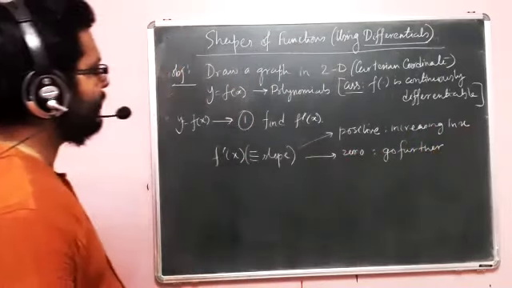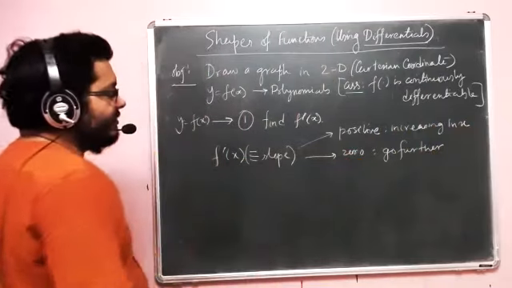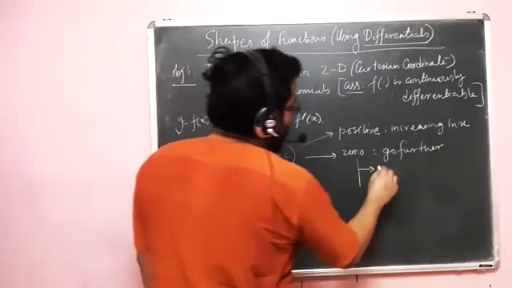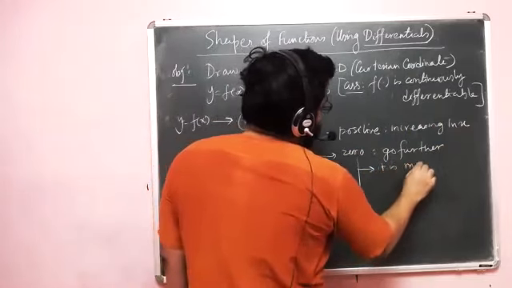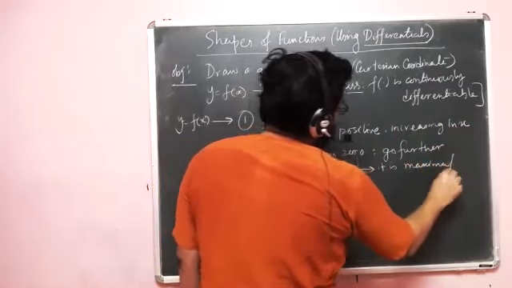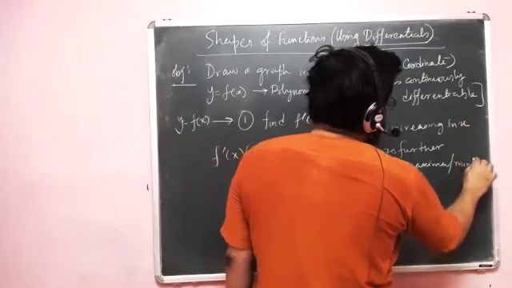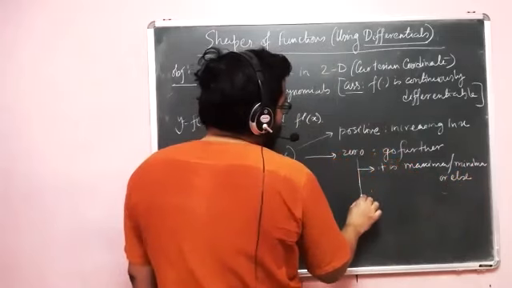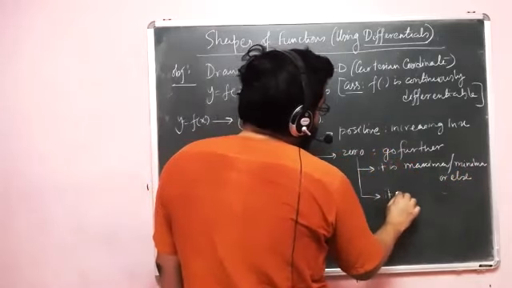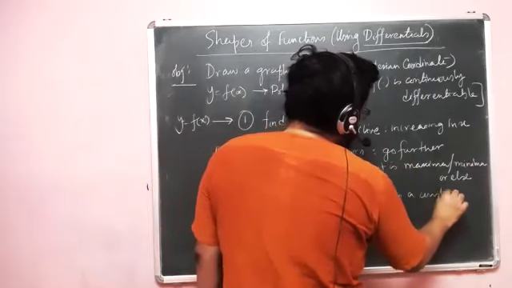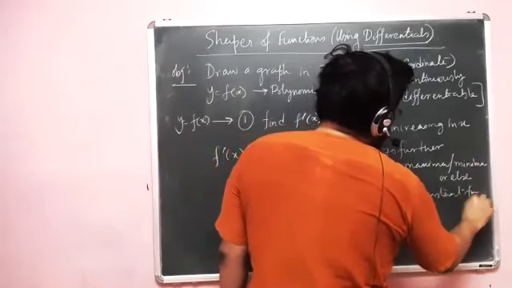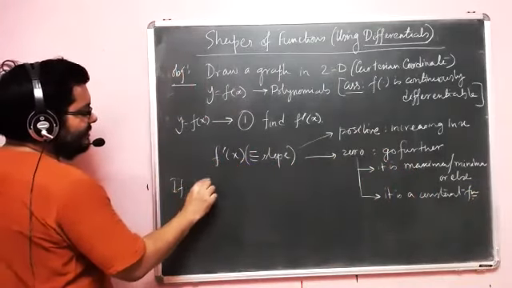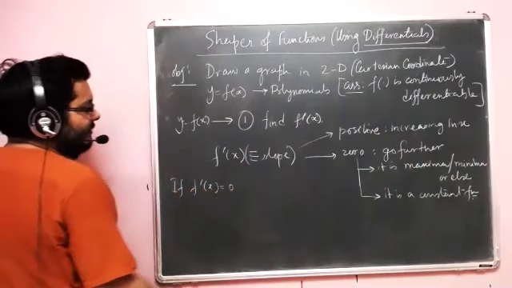And why do we have to go further? Because having f dash x equal to 0 can imply two things. On one hand, it can mean that it is a maxima or minima, or else it is a constant function. So if f dash x is equal to 0, we have two possibilities.